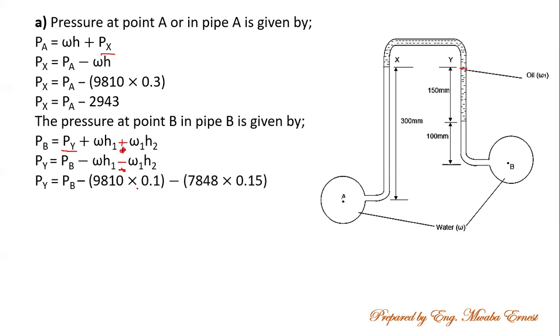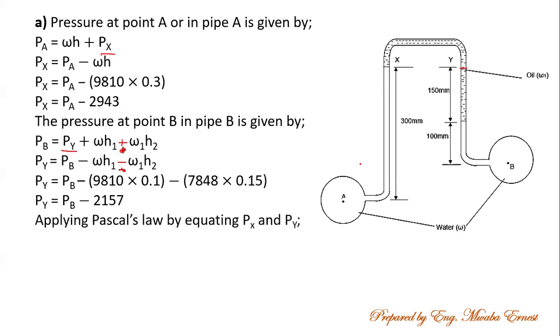Then pressure at Y equals, we plug in the numbers: specific weight of this liquid is 9810 times 0.1, minus specific weight of the oil, 7848, times 0.15. So PY is PB minus 2157.